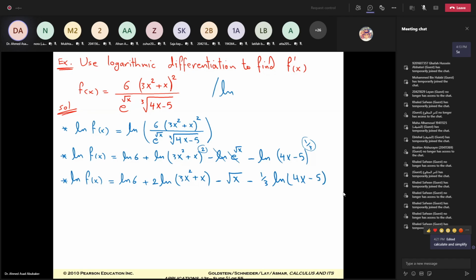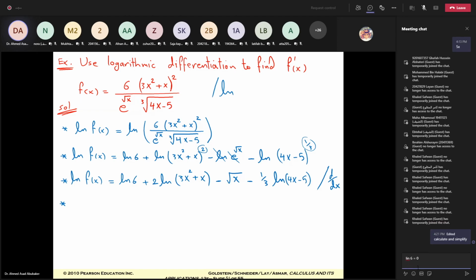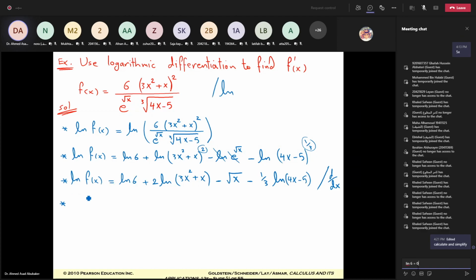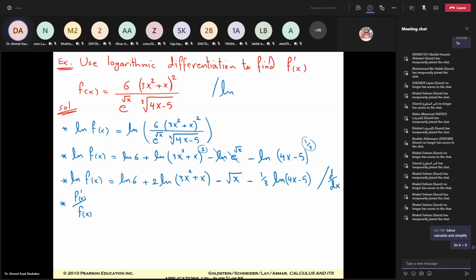Okay, now the fourth step, we need to find d over dx, the derivative. What's the derivative of ln f? For any function inside the ln, it equals f prime over f. Ln g gives g prime over g, ln h gives h prime over h, and so on.